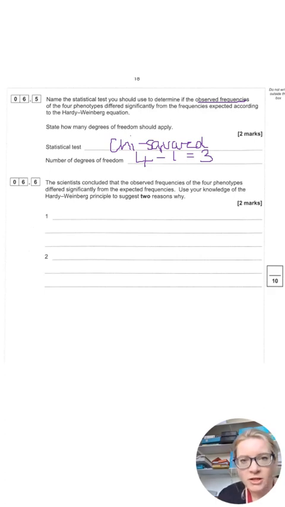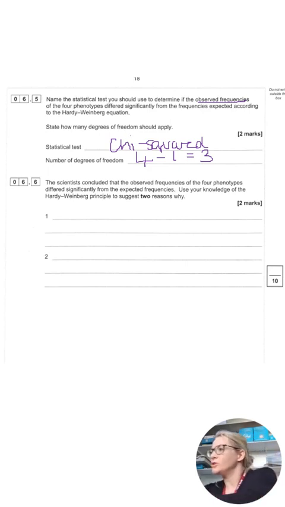The scientists concluded that the observed frequencies of the 4 phenotypes differed significantly from the expected frequencies. So basically saying that Hardy-Weinberg is not true. And remember those conditions where Hardy-Weinberg had to be true. You had to have no crossing over, no random mutations occurring, no emigration, no selection pressures in order for the allele frequencies to stay the same.